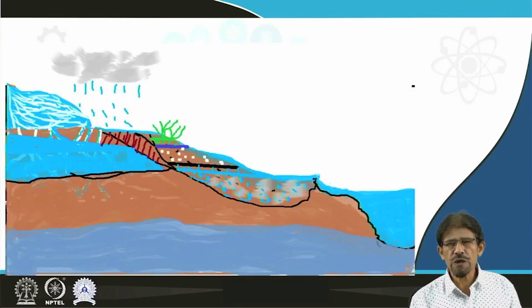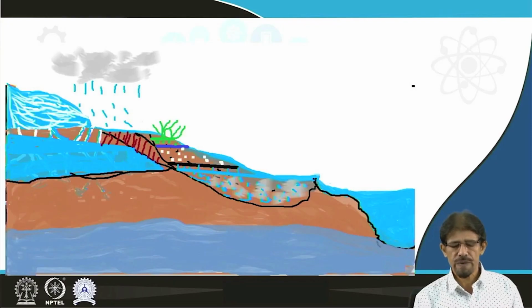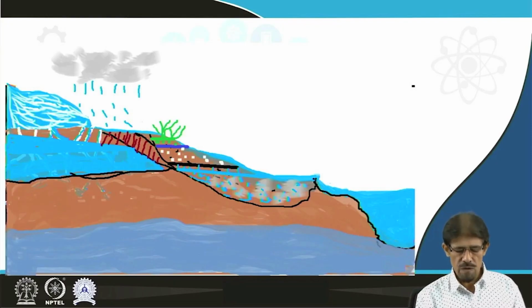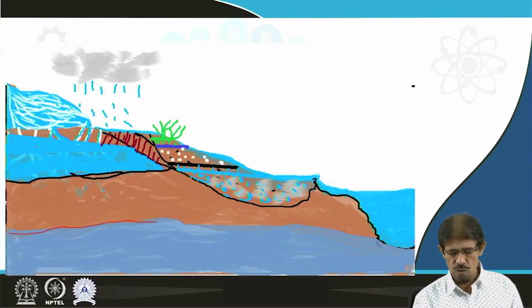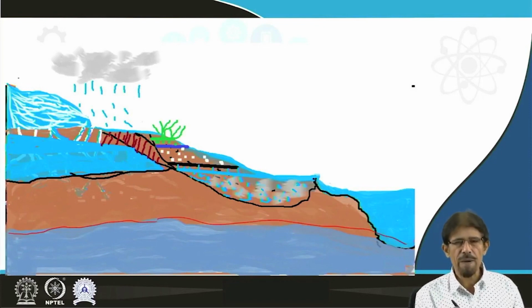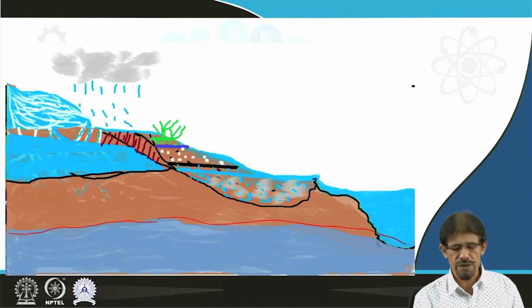Before discussing all these aspects, it is important to know the concept of water and distribution of water through our earth crust. If we recognize here the lower part of the crust, that is oceanic crust, and then the upper part, that is the continental crust, at the surface we see loose deposits, that is sediments or soil.